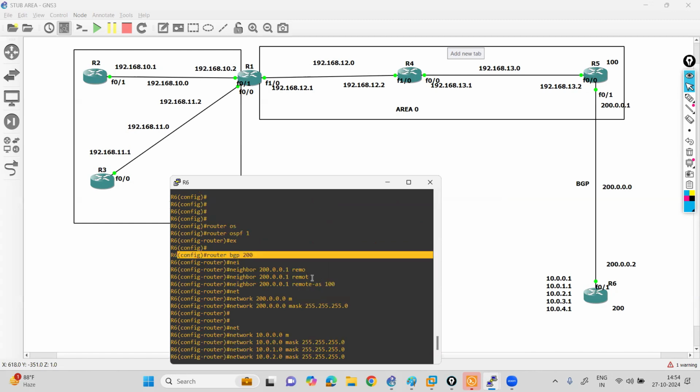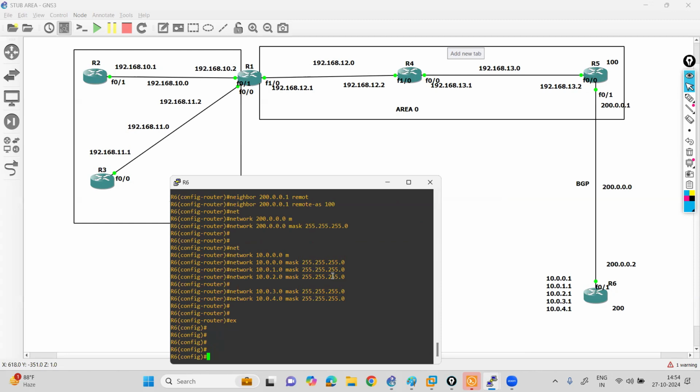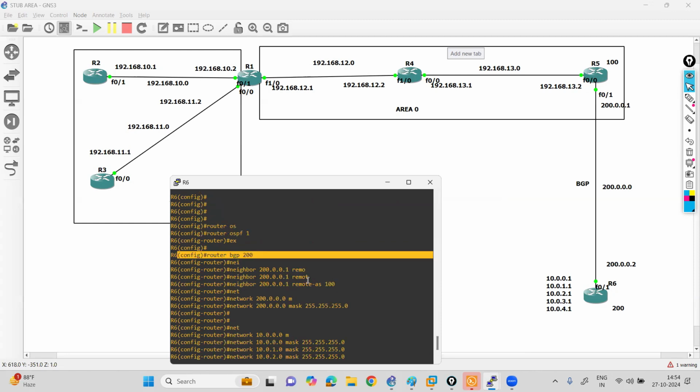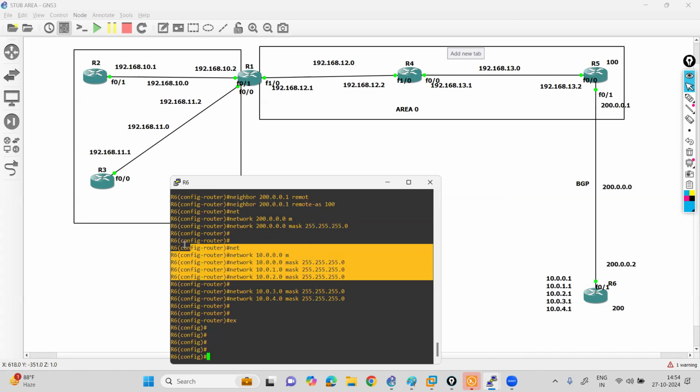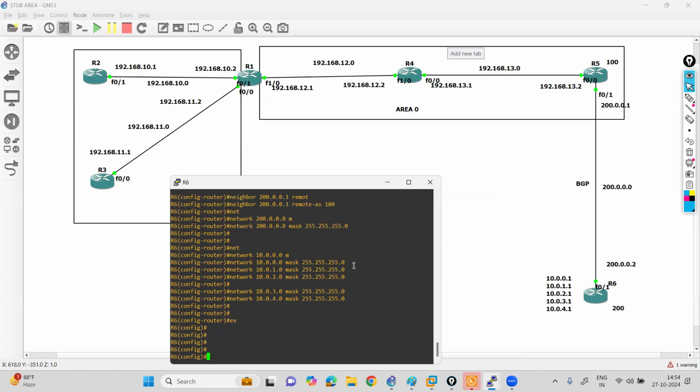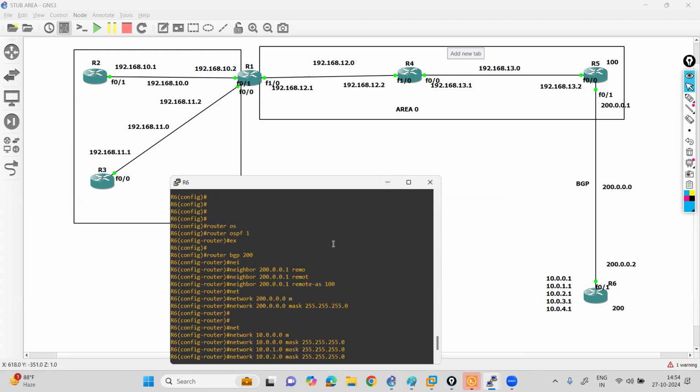Router BGP 200. This is router number 6, 200.0.0.0 mask. So everything is perfect. The OSPF one you mentioned, router OSPF 1, no, that is another thing, it doesn't belong to this one. Here is the configuration of router number 6.